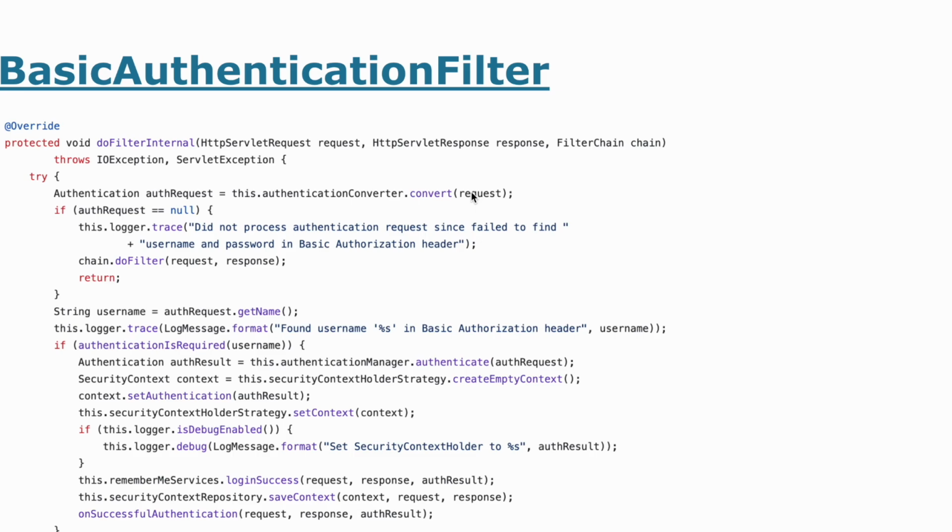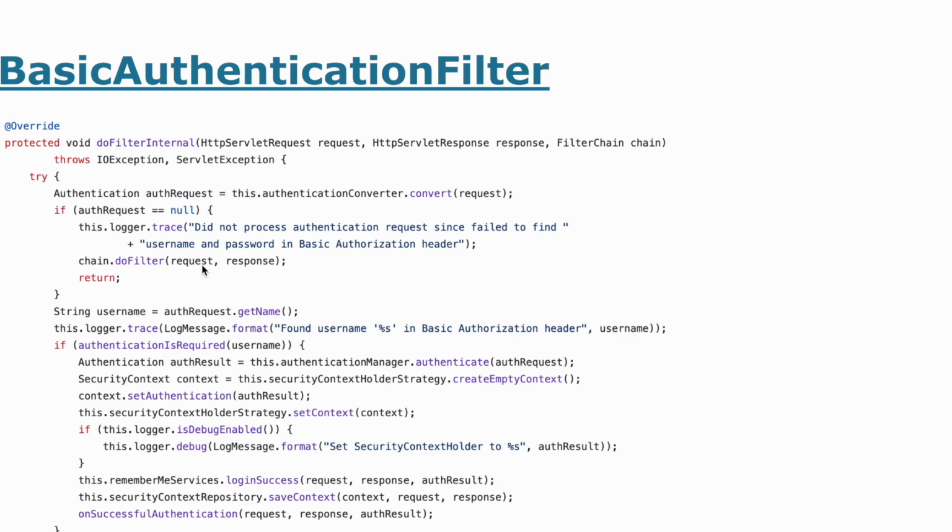If no HTTP basic header is found, which means there is no Authorization header key in the HTTP request, then it simply logs in the trace that it did not process the authentication request because it does not contain a valid HTTP basic header, and then it calls chain.doFilter, which means it passes the control to the next filter in the chain. So it does not block the request.